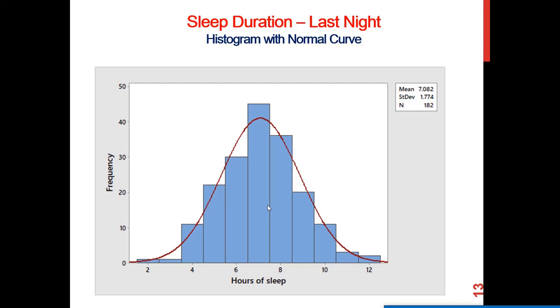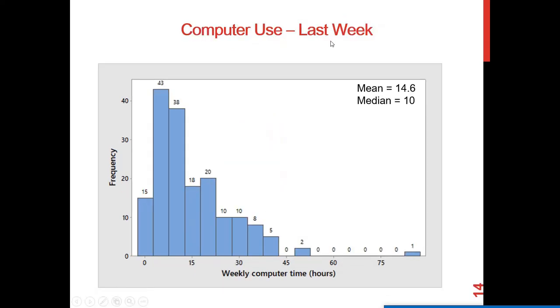However, not every data set would be symmetric. Here is another data set. People were asked, for how long did you use a computer last week? You can see that the majority of the people have given answers in the lower range, less than 15 hours. However, there are people who have used a computer for more than 80 hours.